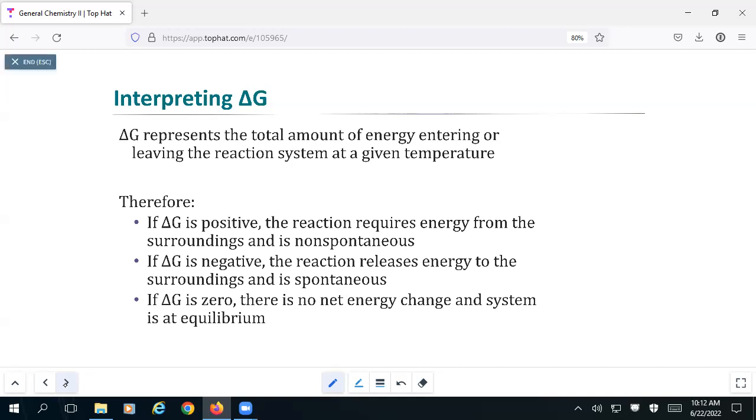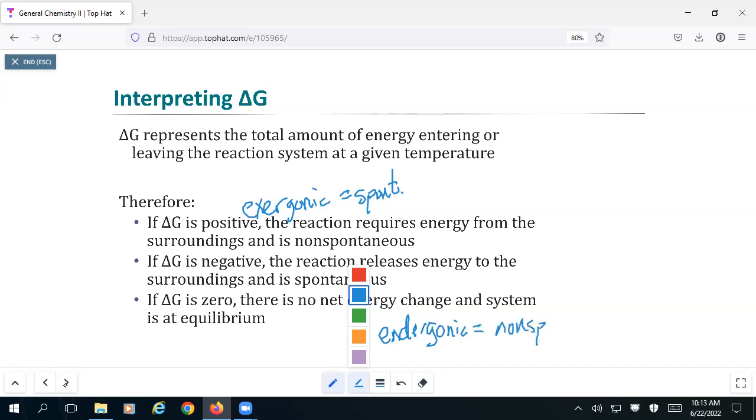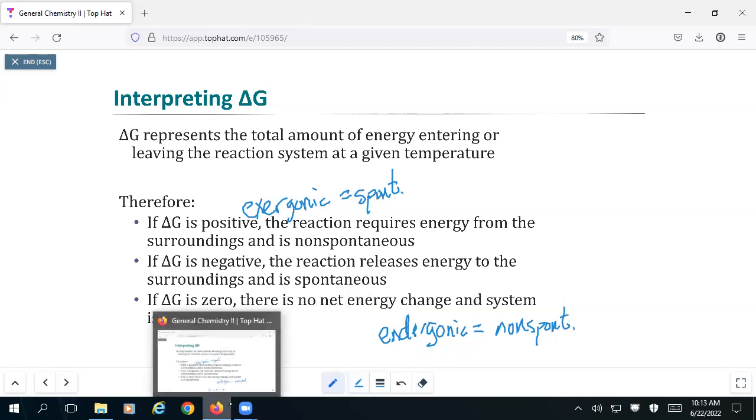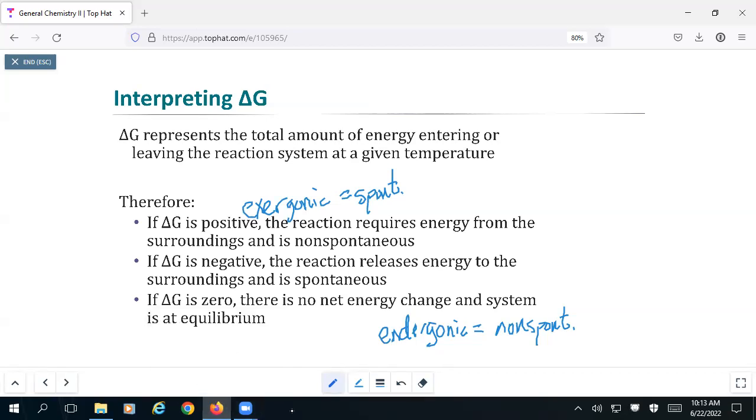So the terminology here, you're not going to need to know this, but I said it, so instead of exothermic and endothermic, the terms are exergonic and endergonic.